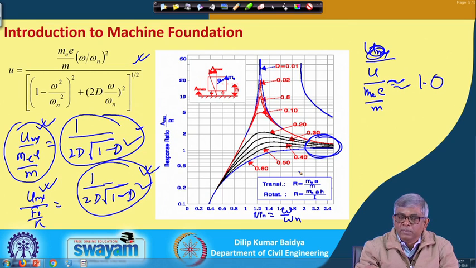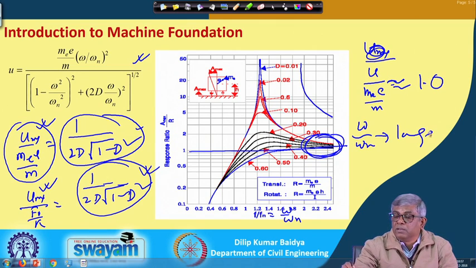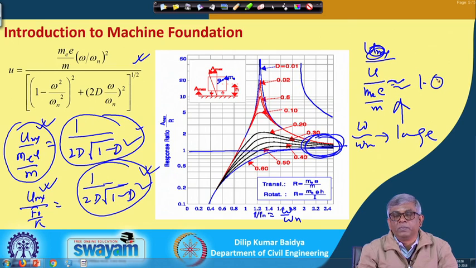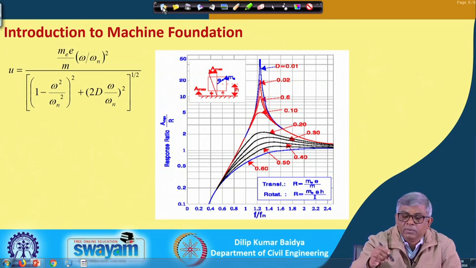Whereas for the rotating mass system, at a large frequency ratio, 2 or 3 or even more, the response or magnification factor approaches a constant value, which is equal to 1. So, I can write that when the frequency ratio is large, this amplitude value equals 1, that is another observation. These two observations from the two figures can be noted. Okay, with this, let me go to the next slide, which is important and you have to remember.